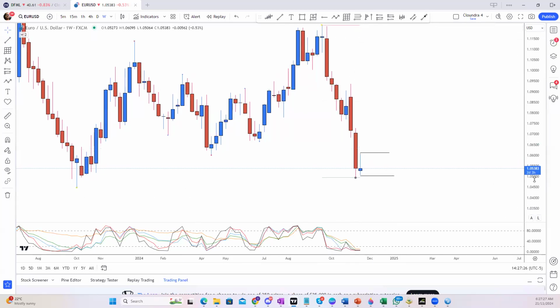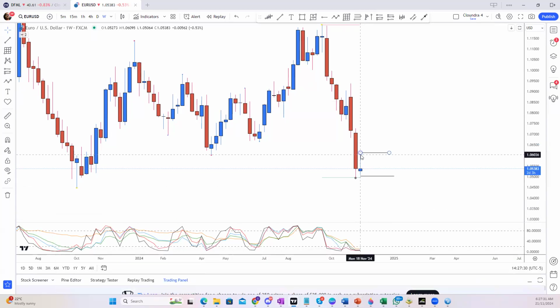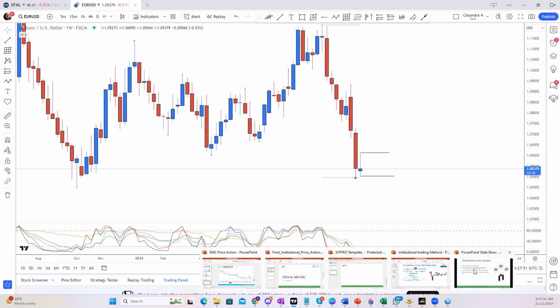It's not that hard because, as I said in my presentation, this swing point right up here, the high of this candle, has a 3-candle swing pattern. If you understand that 3-candle swing pattern and you know how to trade it, you should be able to catch your trade from the top or from the bottom. Okay, so let's go back to the presentation.